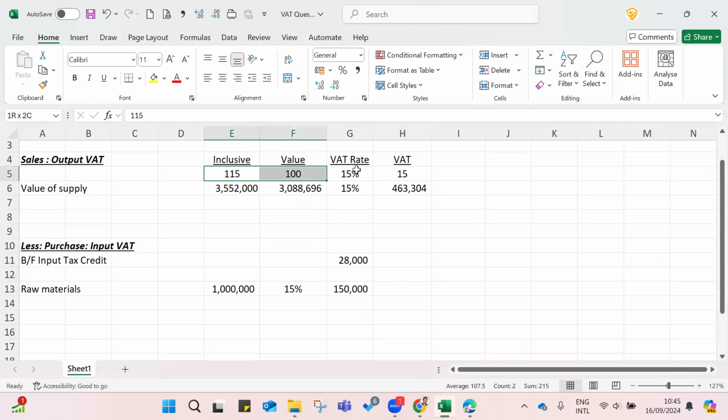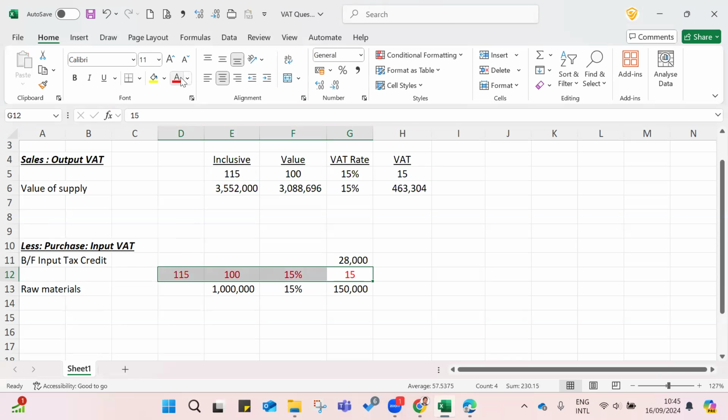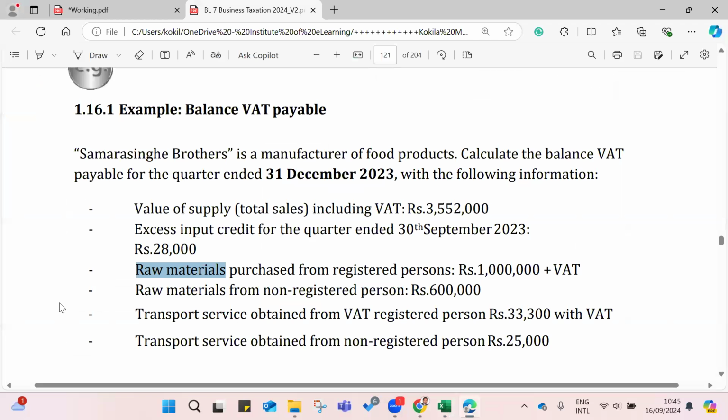If it is inclusive, take it somewhere here. I'm just putting this so that you understand properly. It's no need to write it down in the exam, or when you are doing any calculation. This is 100, 15%, and this is the amount.